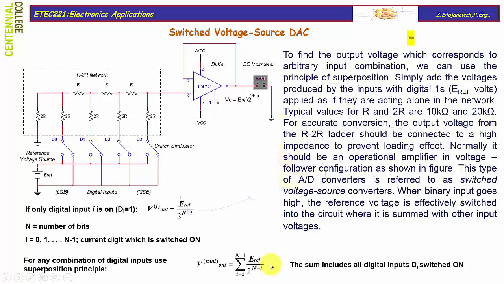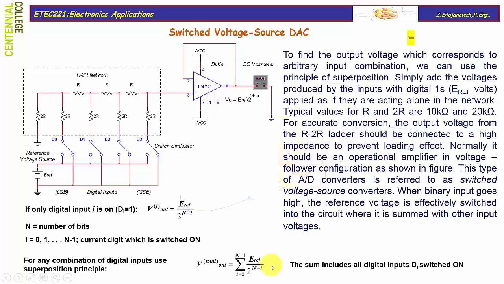The problem is they have to be identical, so it's good that students actually measure the values and exchange the resistors in such a way that they can achieve perfect or the best possible match of the values. For accurate conversion, the output voltage from the R2R ladder should be connected to high impedance to prevent loading effect.